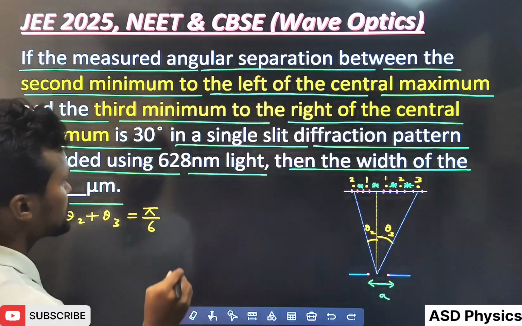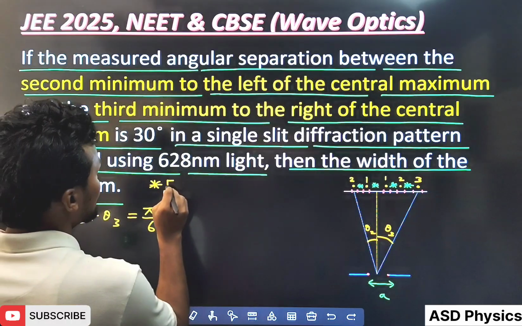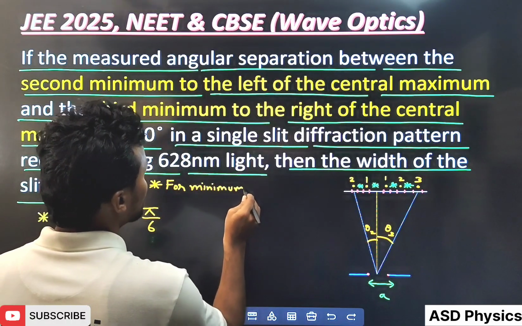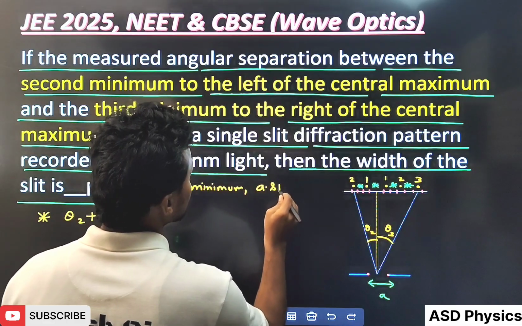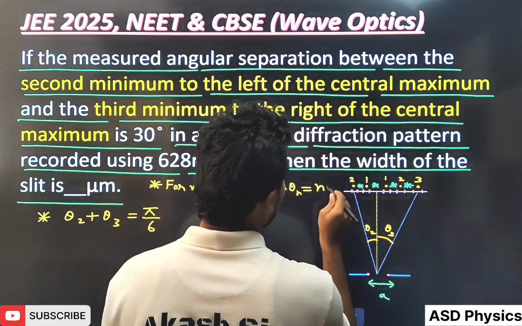Here we should know the minima condition. Remember that for minimum, a sin theta n should be equal to n lambda.